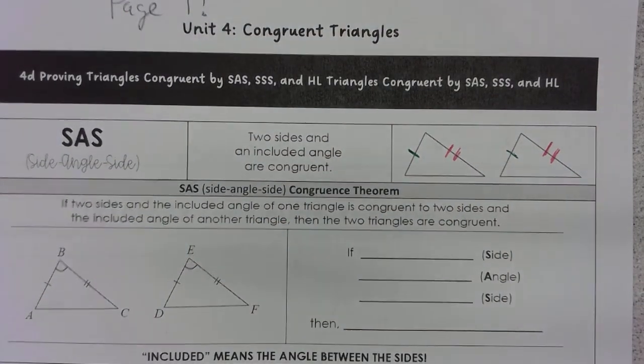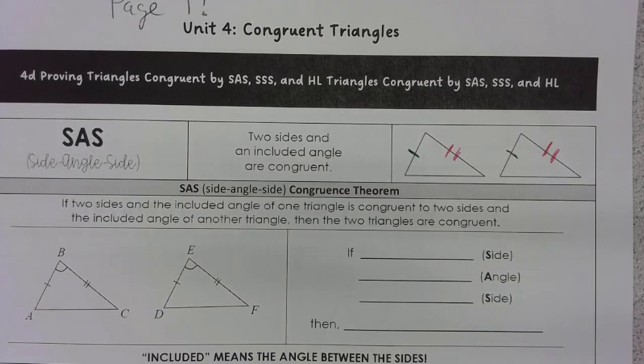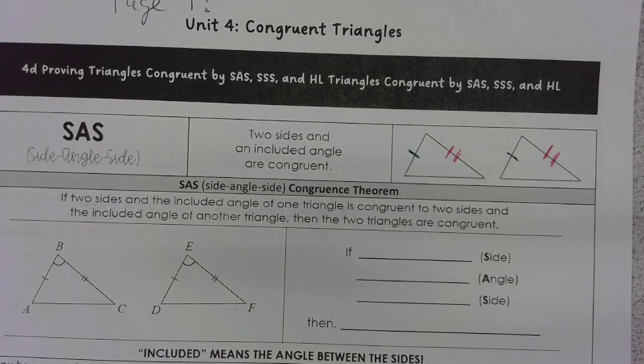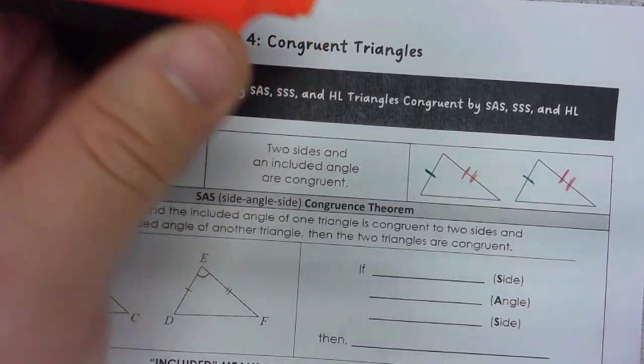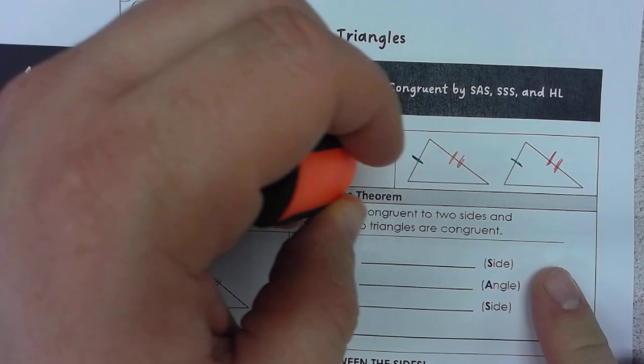Now, here's what I want to highlight and make a special point to include. This phrase that I'm highlighting here in orange says included angle.